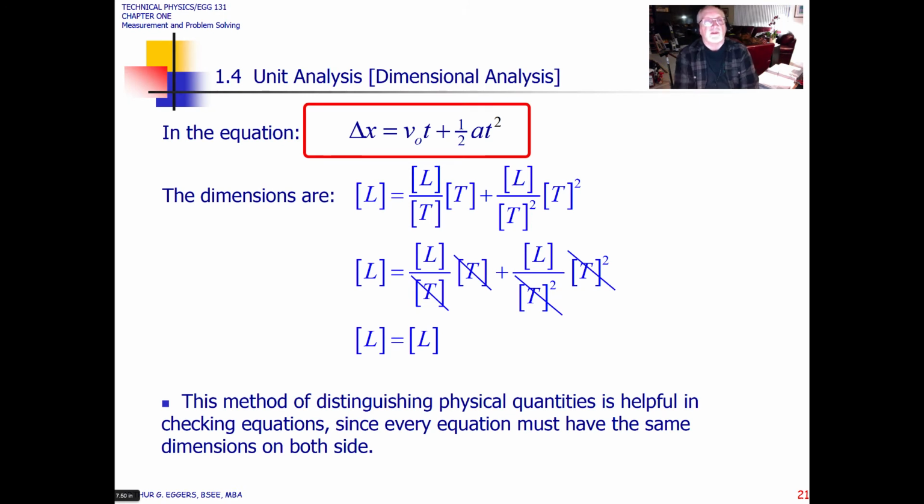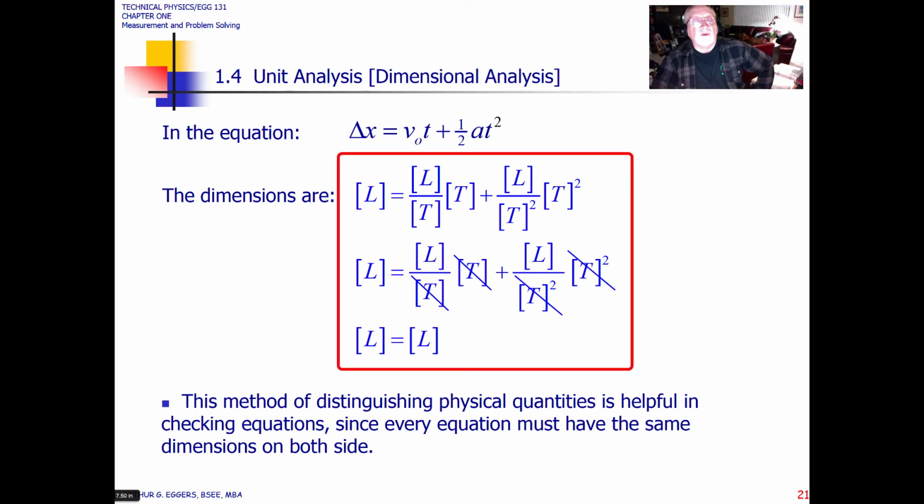If we look at an expression here, this expression particularly says that if we have a change in any distance, we can relate it to an initial velocity times time and add 1/2 of the acceleration times time squared. So if we dissect each of these terms in this relationship, we can see that delta x is really just a length.